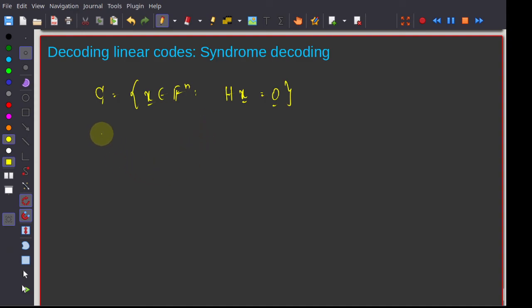Correct? So this, as we mentioned, forms a group. Now let me look at different cosets. So I define C_b as the set of all x in F^n such that H times x equals b, for some given vector b.